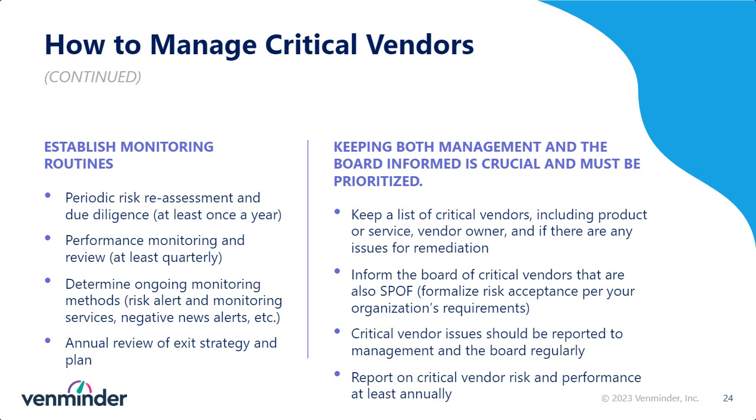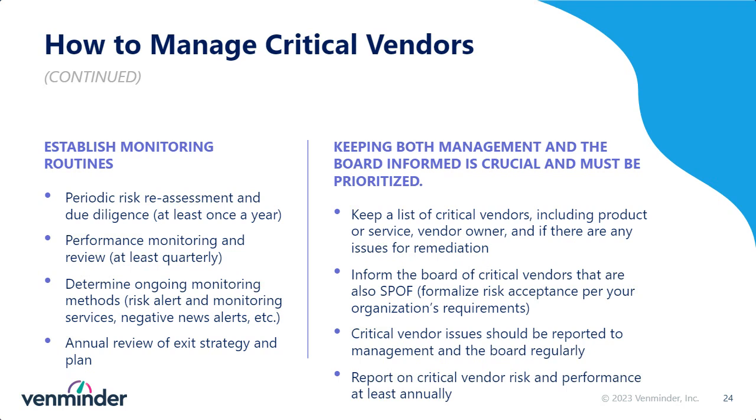So we want to make sure that, say, that backup supplier that we picked last year, that they're still in business, that they would be still willing and able to service our organization, etc. Now, most importantly, we need to keep management and the board informed because they are supposed to know which of the vendors are critical and what product and service they provide.